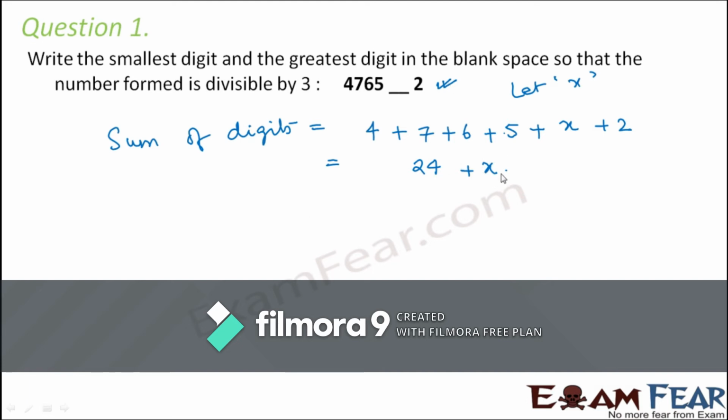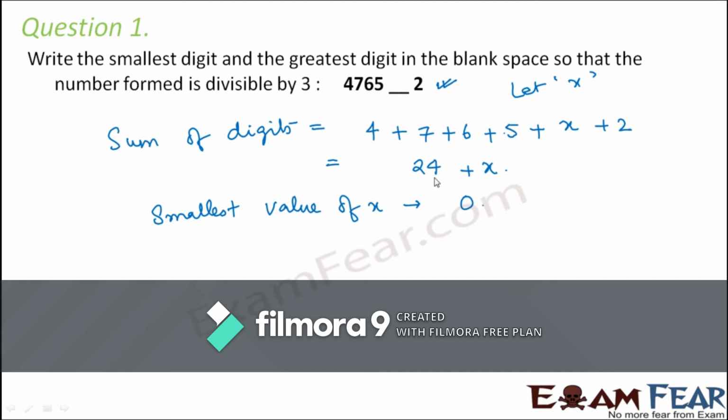Now, what is the smallest value that x can take such that 24 plus x is divisible by 3? Is 24 divisible by 3? Yes, it is. 3 8s are 24. So the smallest value of x would be 0, because when x is equal to 0, this is 24, which is divisible by 3.